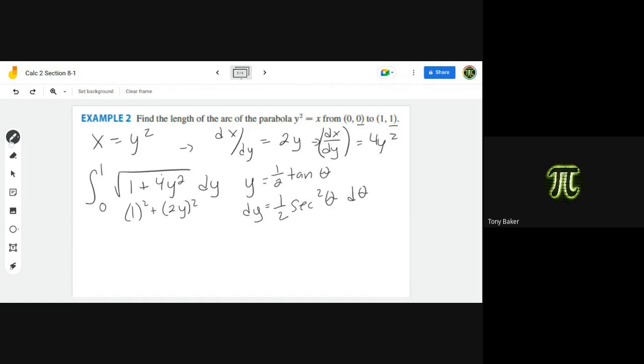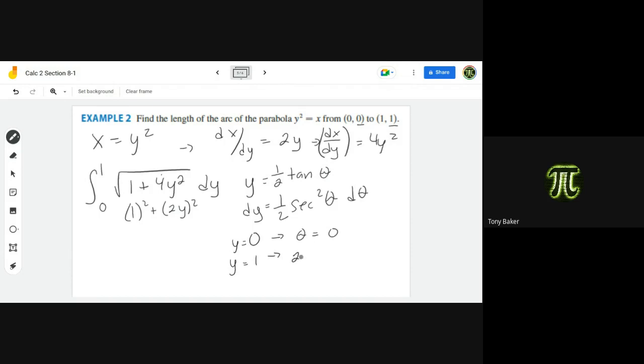All right. So if y is 0, what's the value of theta that's going to give you 0? It's 0. So if y is 0, theta is 0. If y is 1, we have to solve this.